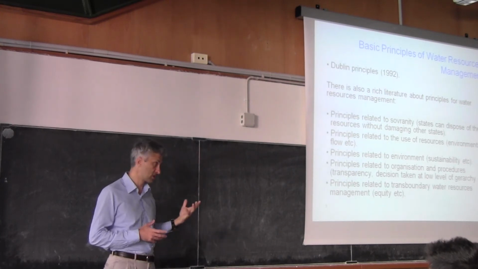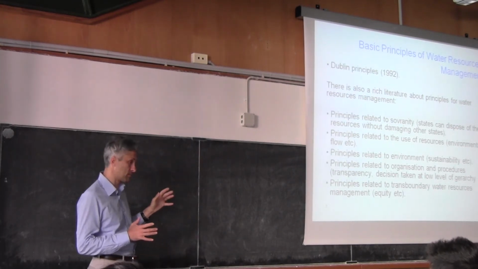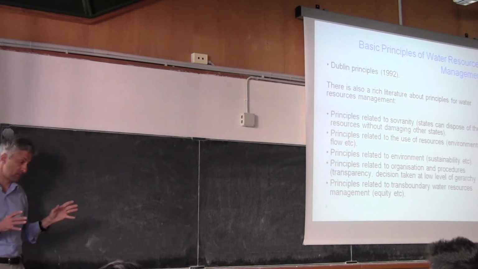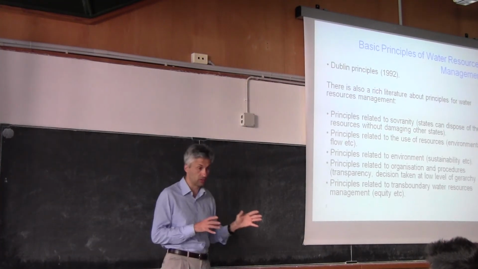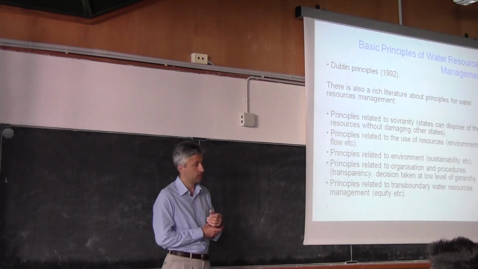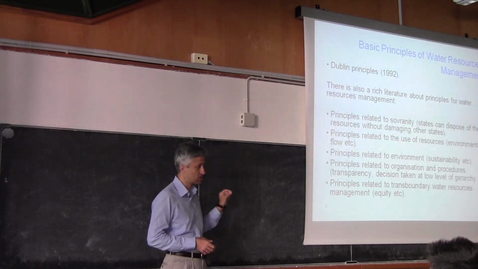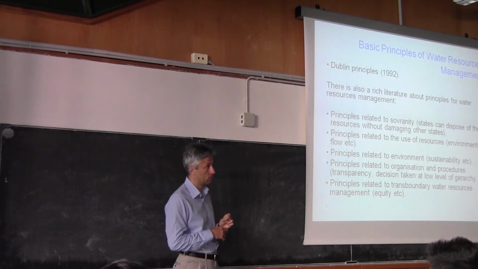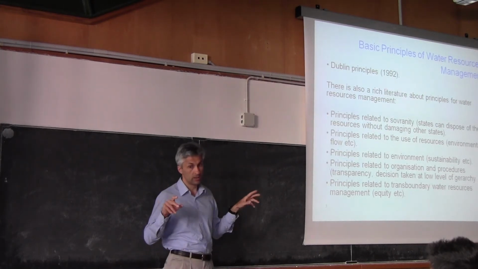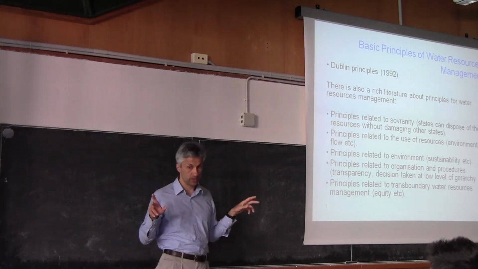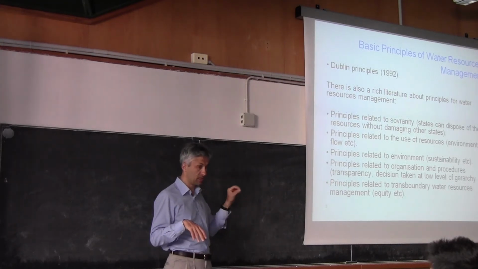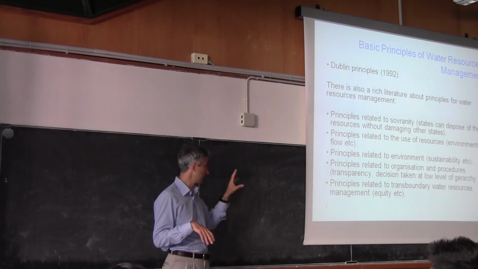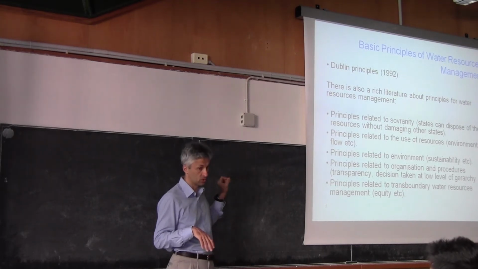So, of course, when you have to deal with a water resources management problem, the first thing that you have to do is to consult the laws of the country where you operate. And for instance, in Italy, there is the testo unico in materia di acque, which is the unique law regarding water, which was issued in 2006, which is the basic reference for everything related to the management of water.